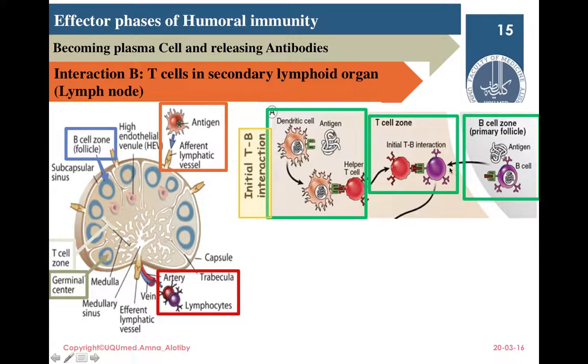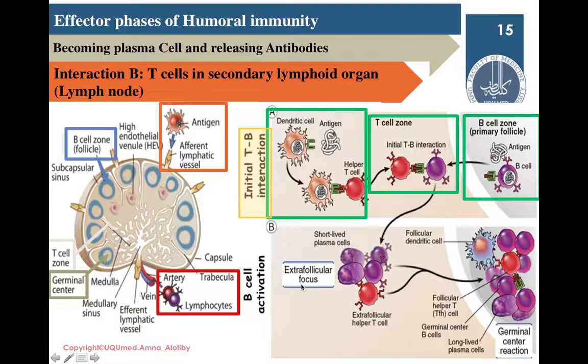For this interaction to happen, these B cells, after being primed with the antigen, have to move from the B cell zone to the T cell zone, and the T cell here has already been activated by the dendritic cells. So now the activated T cell and the B cell primed with the antigen come face to face.